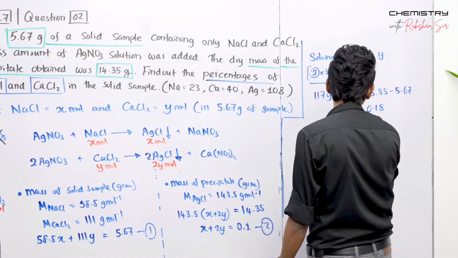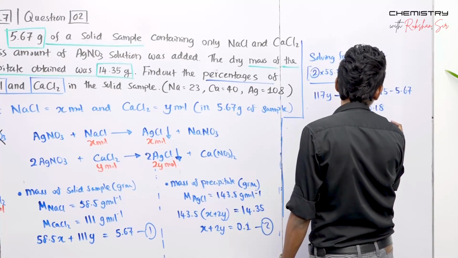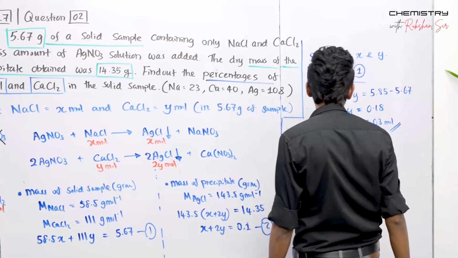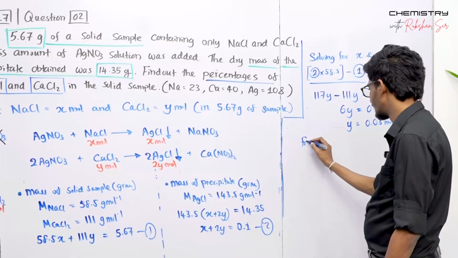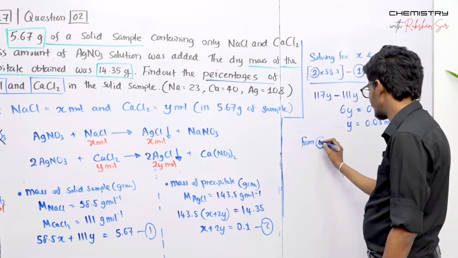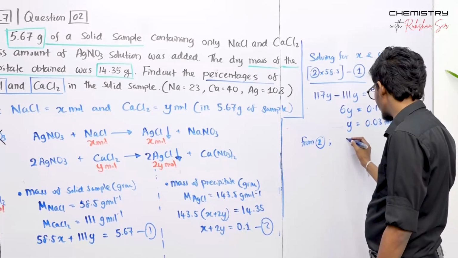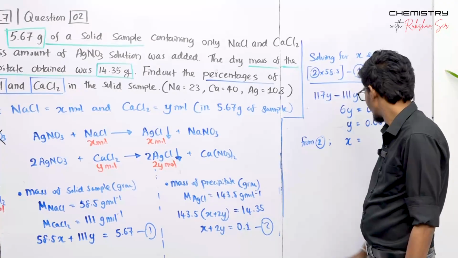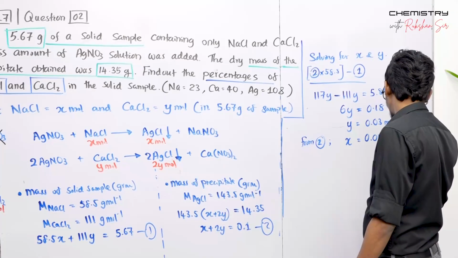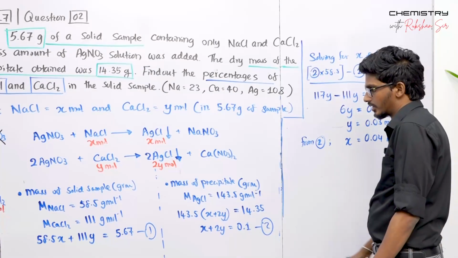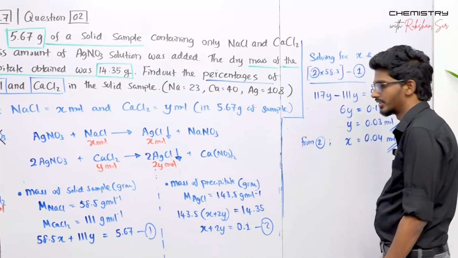So y is equal to 0.03. This solved for y. So apply this value to equation 2. From 2 you will get the x value as 0.04. So we have solved for x and y.